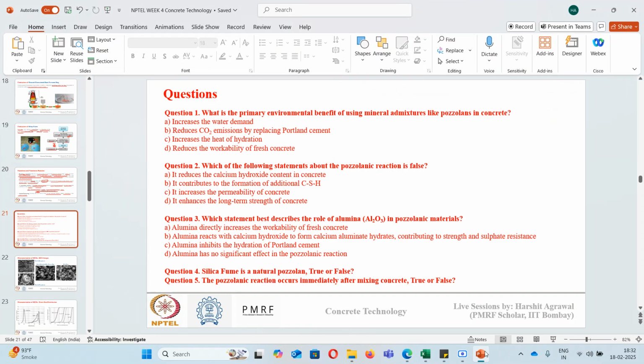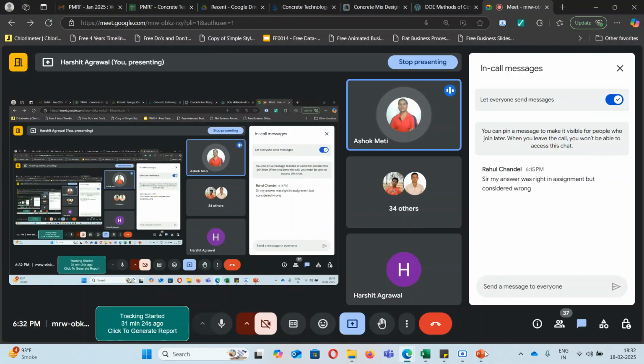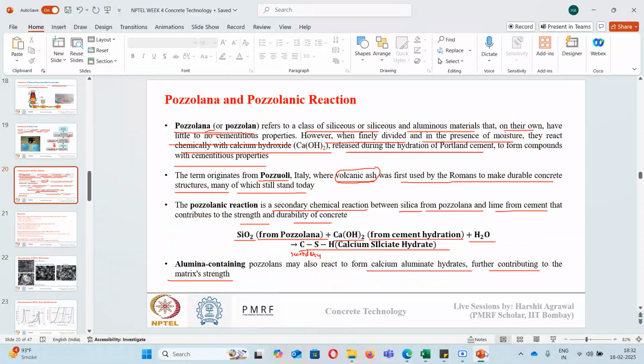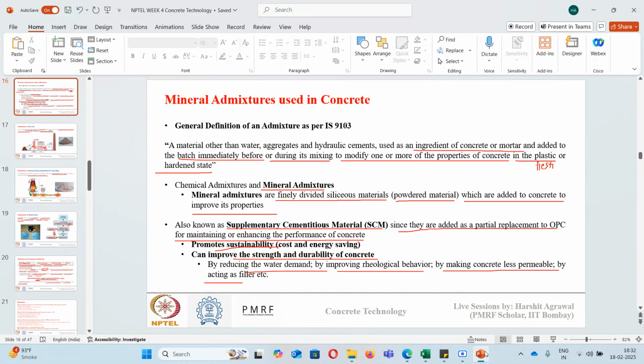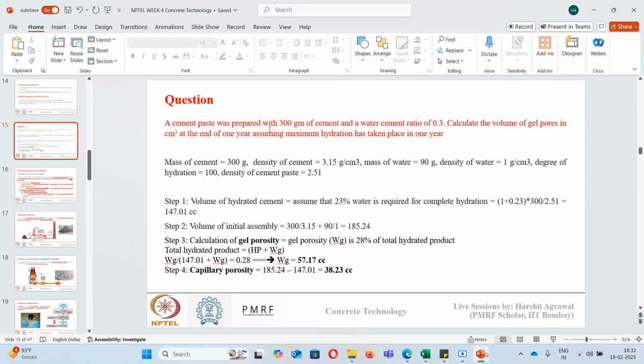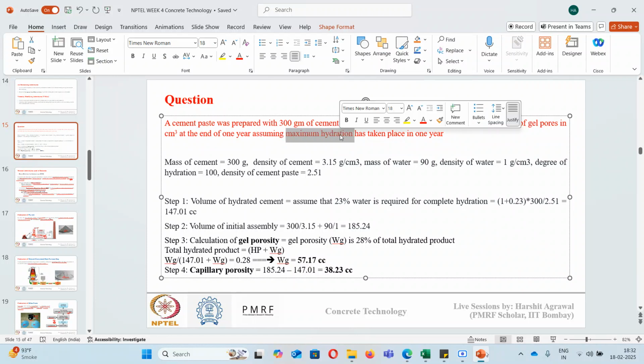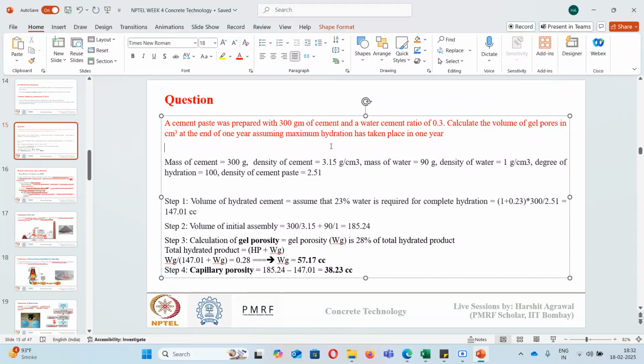In the answer key, they have mentioned the range between 45 to 50. So that would be incorrect. I guess the problem would be due to the statement. They have written, at the end of 1 year, assuming maximum hydration. Now, they have not clearly mentioned what is maximum hydration. We are assuming 100%, but in reality 100% hydration usually does not reach.